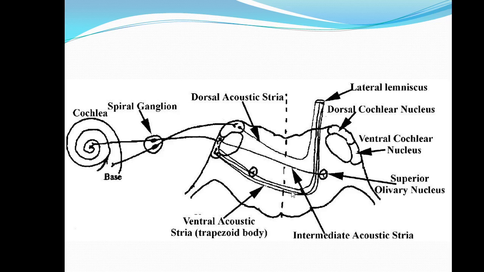They are connected here. Then these are the fibers going to the superior olivary nucleus, and most of the fibers from the dorsal acoustic stria go here into the lateral lemniscus.